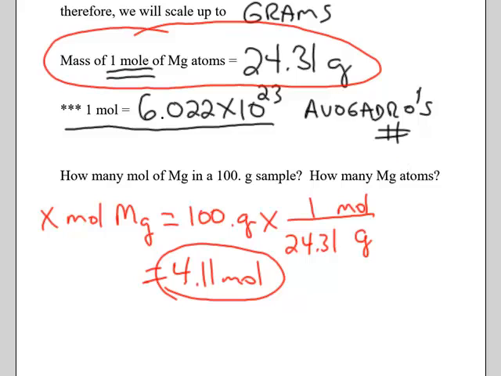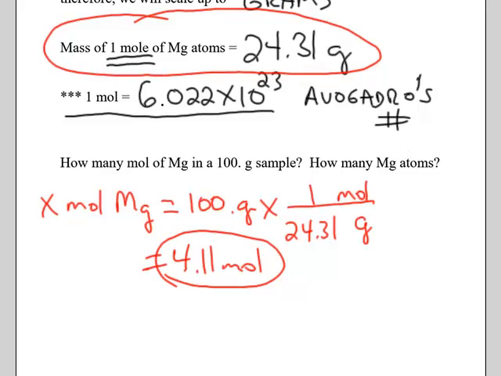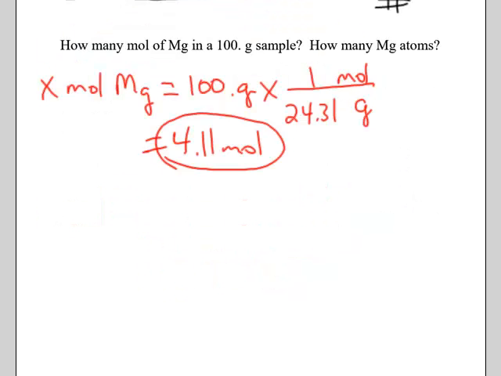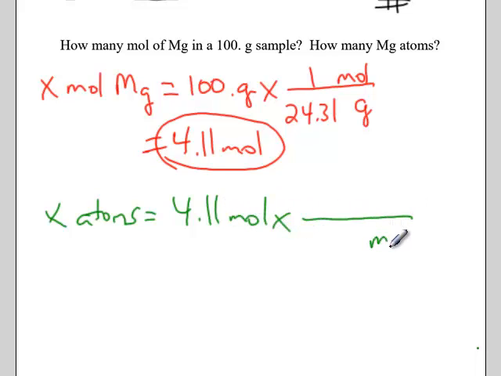How many atoms is that? Well, we could just use Avogadro's number to continue this conversion. If we wanted to know how many magnesium atoms there were in 4.11 moles, we can turn moles into atoms using the fact that 1 mole of anything is Avogadro's number.